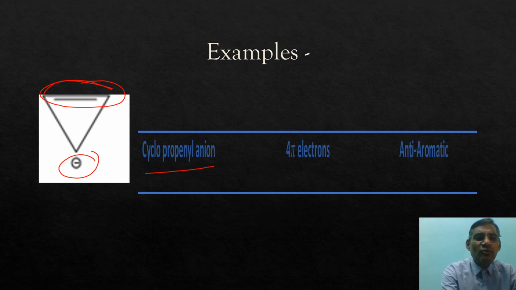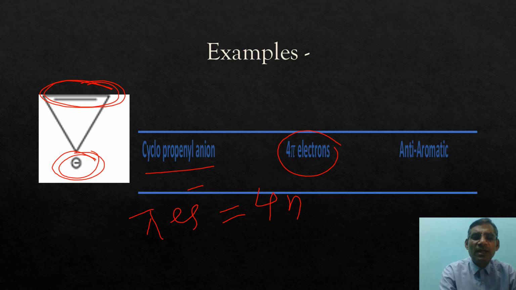And here these 2 pi electrons and these 2 electrons from the negative charge, so total 4 pi electrons. So the number of pi electrons is equal to 4n. Here the number of pi electrons is 4, so n will be 1. So 4 into 1 is 4, and pi electrons are also 4. So 4 will be equal to 4.